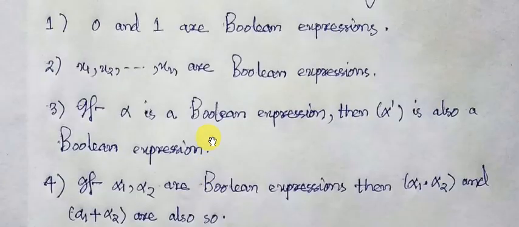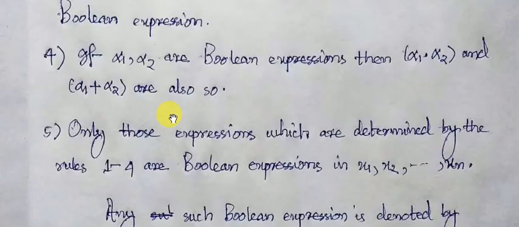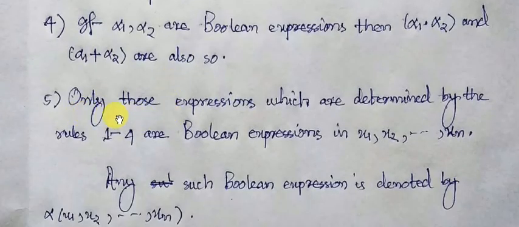Okay, so these are the Boolean expressions. So the expressions which are determined by the rules 1 to 4 are Boolean expressions in these Boolean variables x1 to xn.